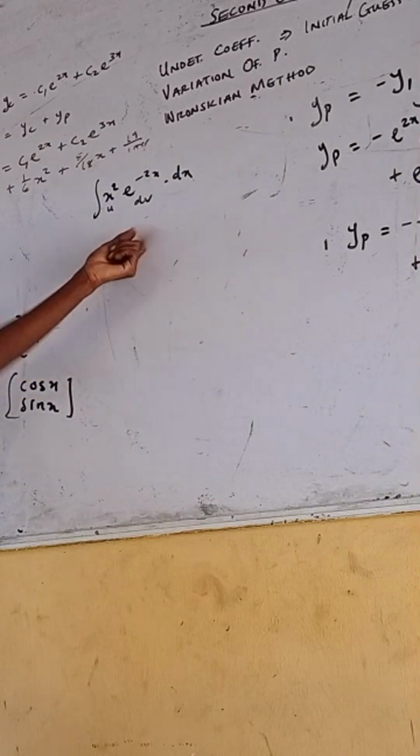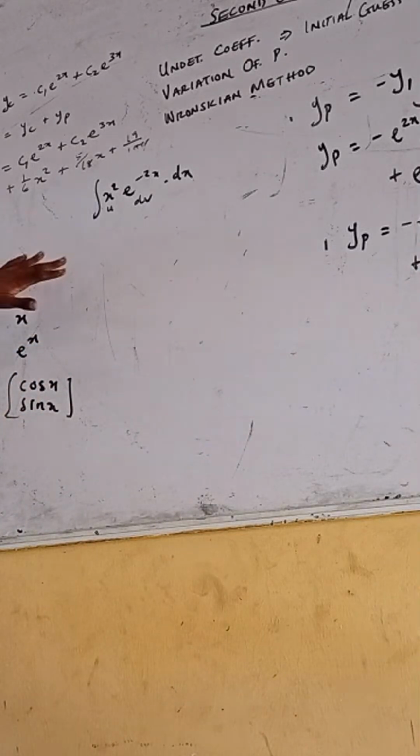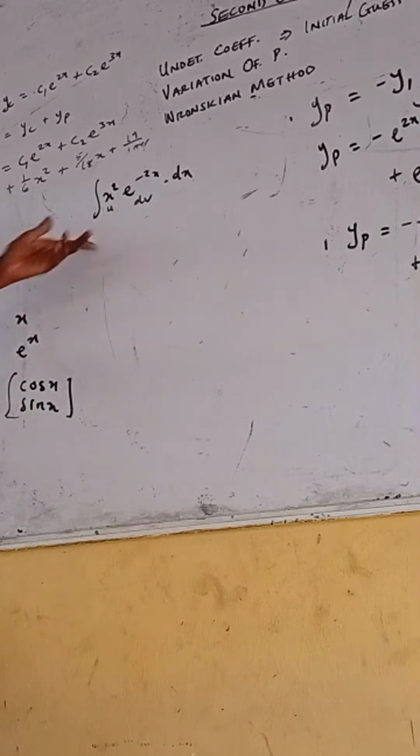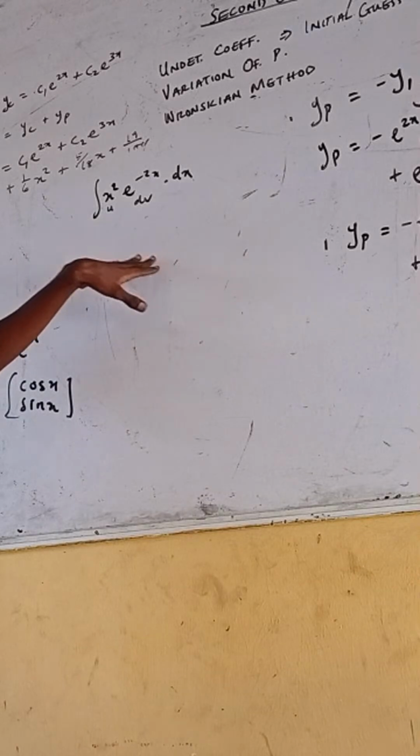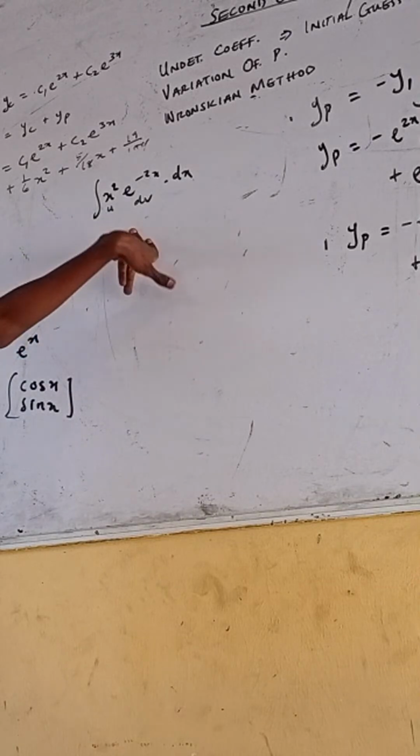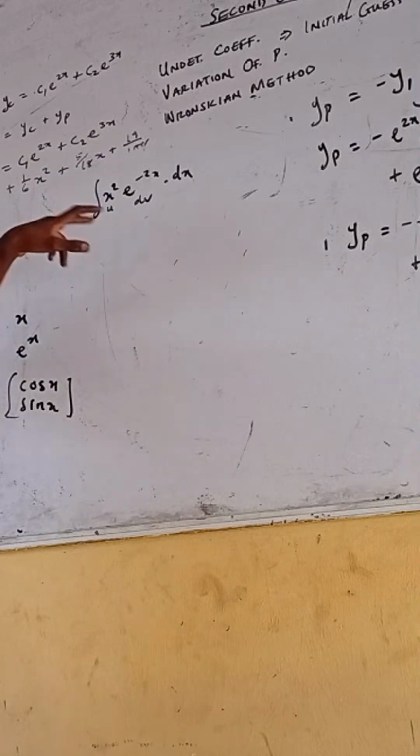So, using integration by parts, once you have two functions together like this, you are going to make one your u following this method.